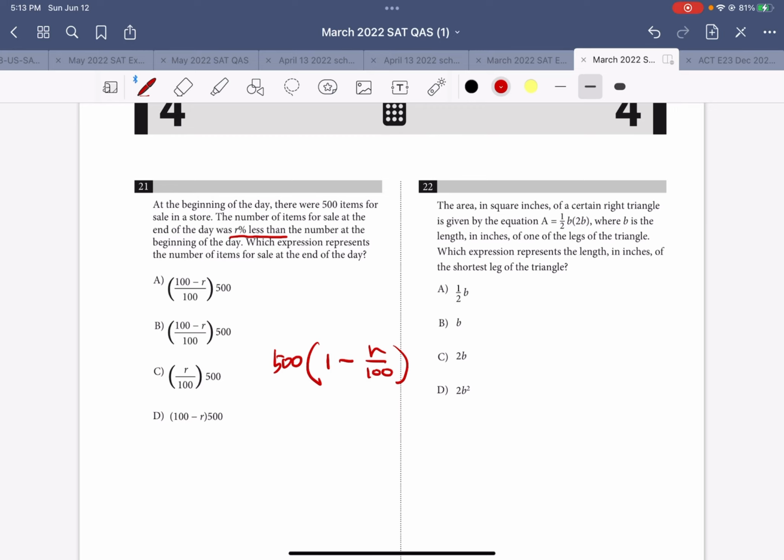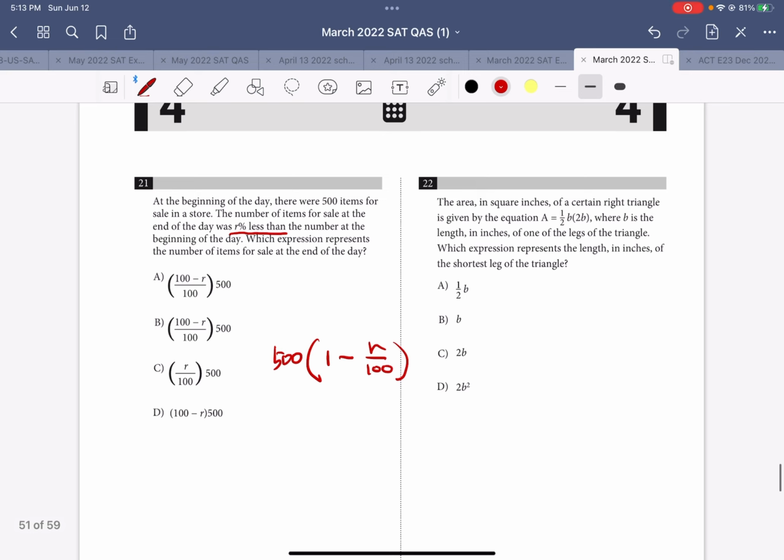So when you combine, 1 is 100 over 100, which means 100 minus R over 100, times 500.